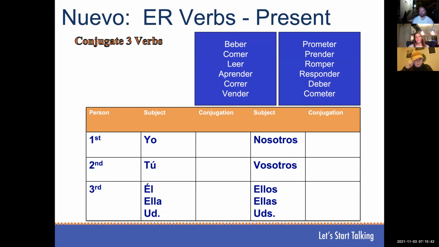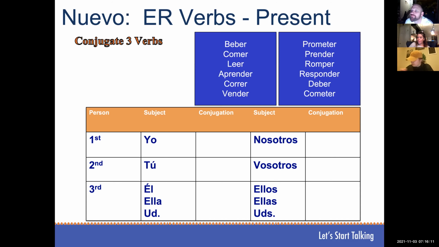Muy bien. All right, so we're going to do the same thing here. Conjugate 3 of these. First, let's go through and make sure you understand them all. So we've got beber, drink, comer, eat, leer, read, aprender, learn, correr, run, vender, sell, prometer, to promise.